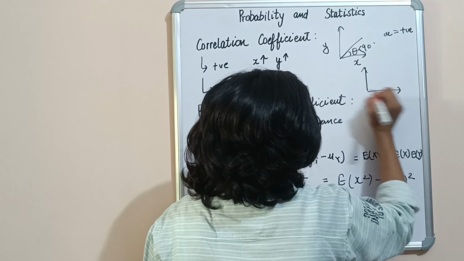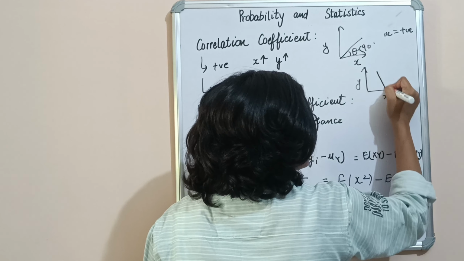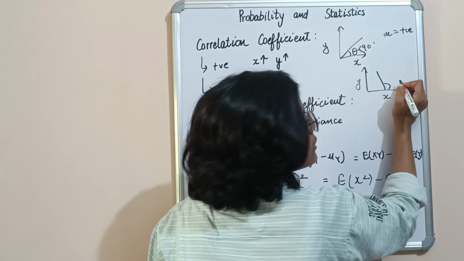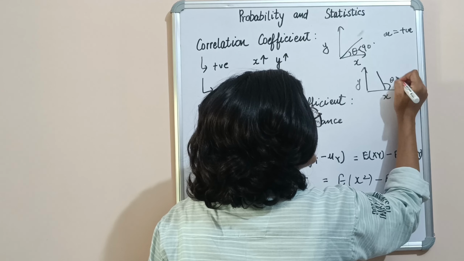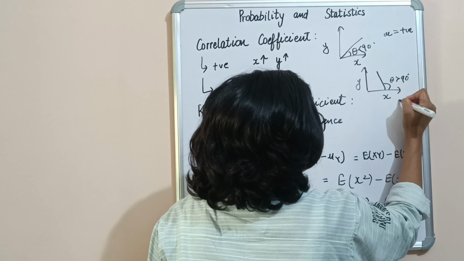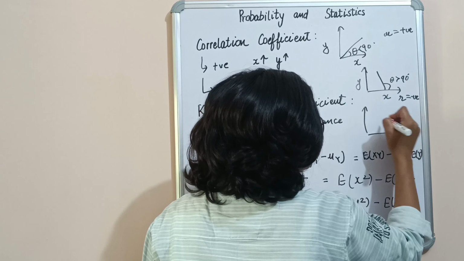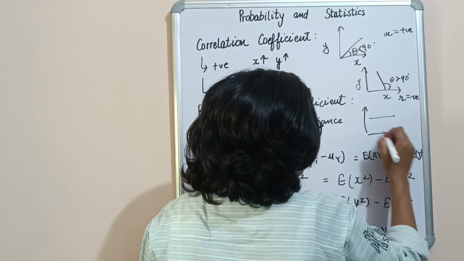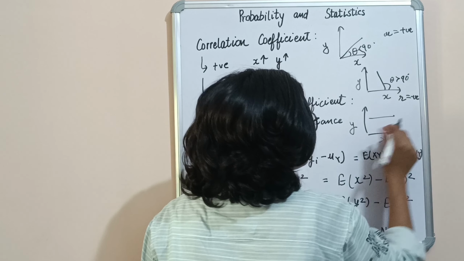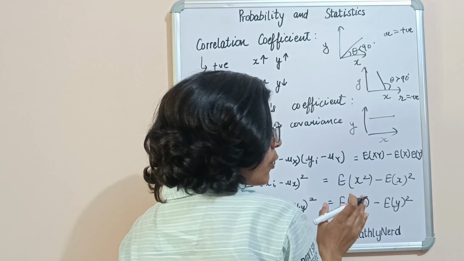If theta is greater than 90, then our r is negative. And if r is a line parallel to the x-axis, then these two variables are uncorrelated.